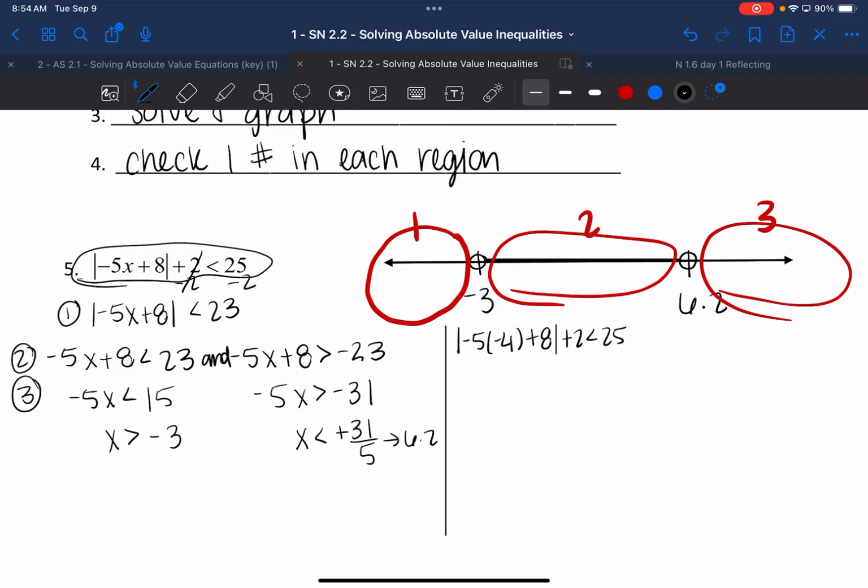And what's the absolute value of 28? 28. So this is just 28 plus 2 is less than 25. Is that true? No. Which makes sense because we said that's not part of our solution, right? So that part should be false.